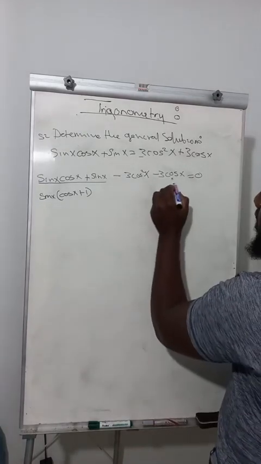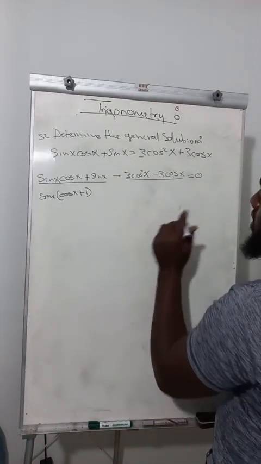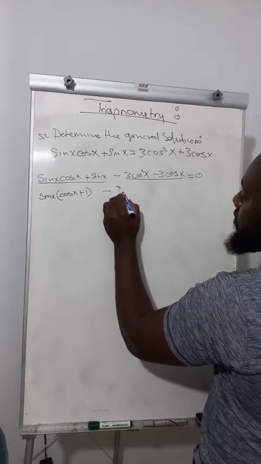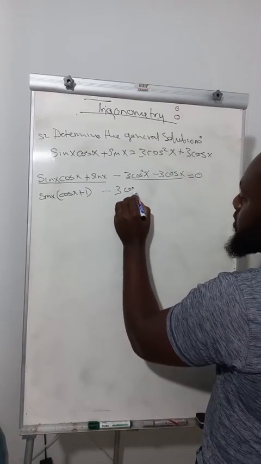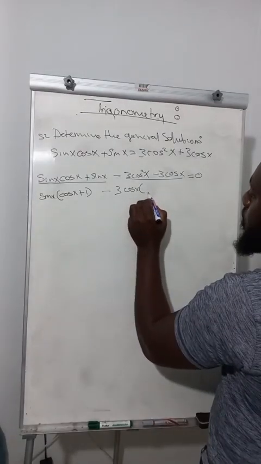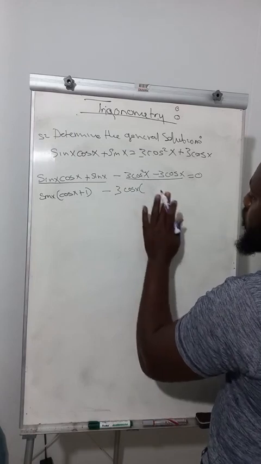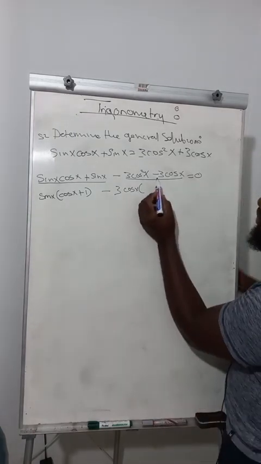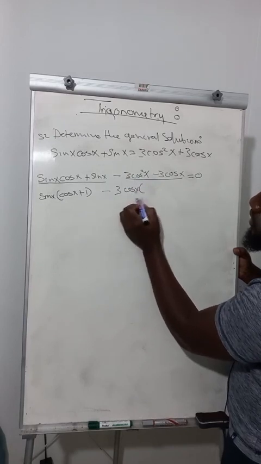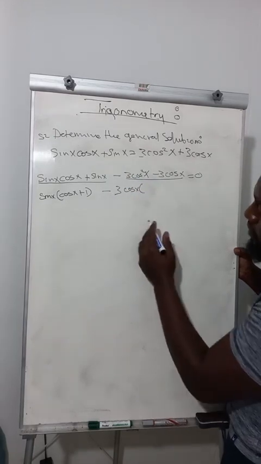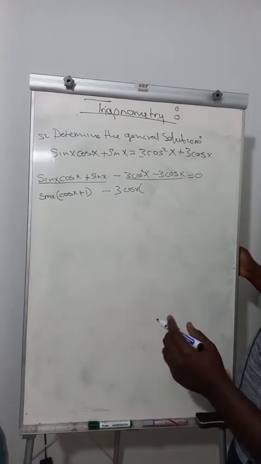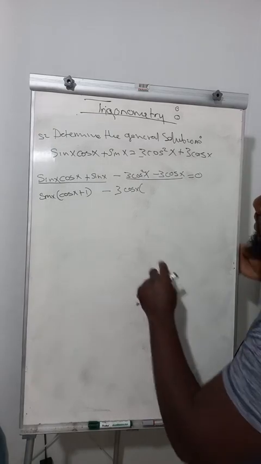Now coming this side, we'll say minus. Remove a common factor of 3 and a cos x. Here you are removing a common factor of negative 3 cos x.